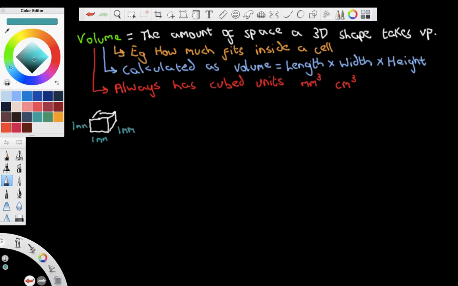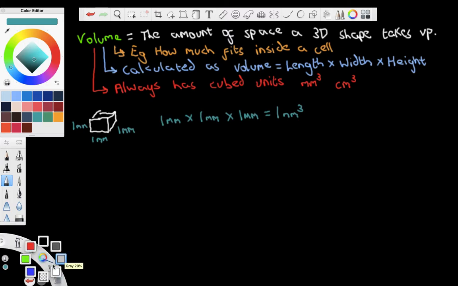We need to do the length times the width times the height. So 1 millimetre times 1 millimetre times 1 millimetre gives us a volume of 1 millimetre cubed.